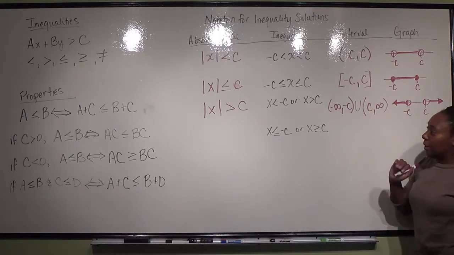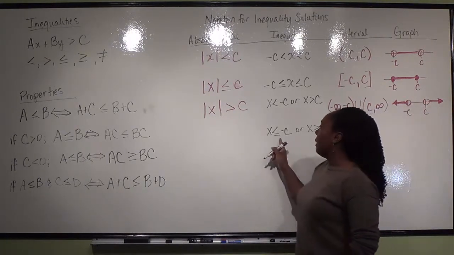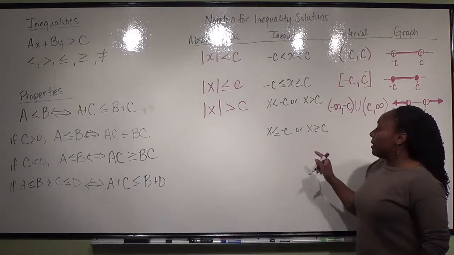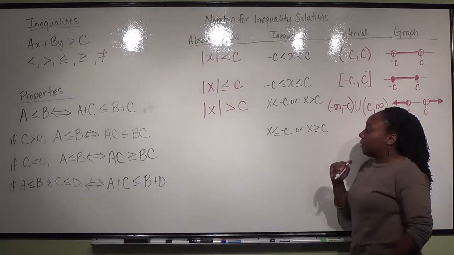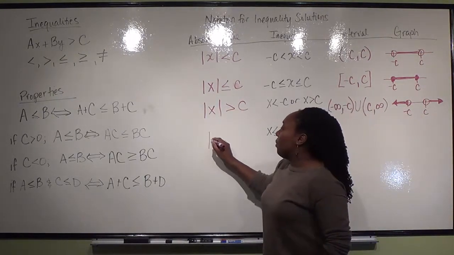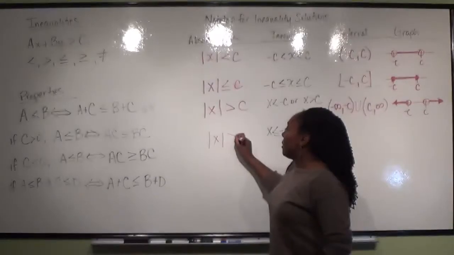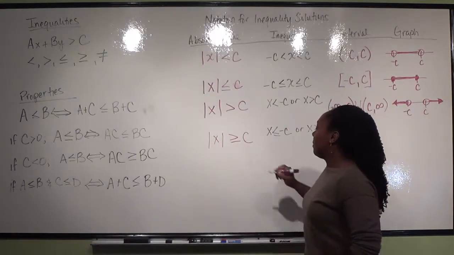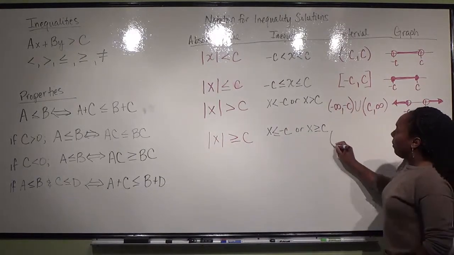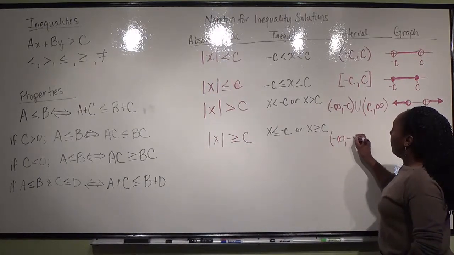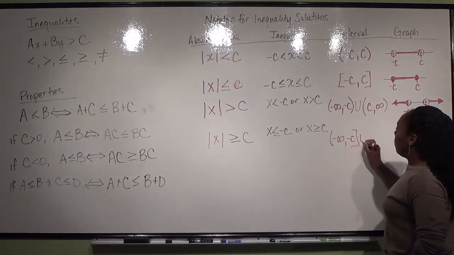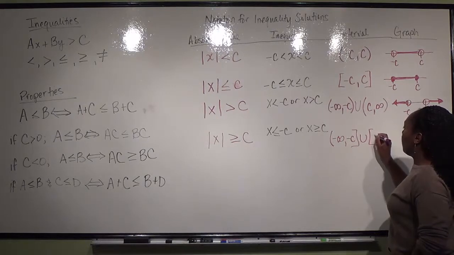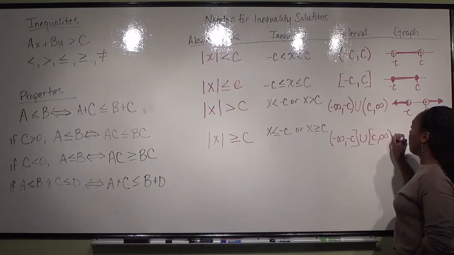And so you can kind of see where this last one is going. Again, I've got less than or equal to negative c or greater than or equal to c. So my absolute value of x is going to be greater than or equal to c. My inequalities, again, I'm going to have to use my union, but now I get to include those end values.